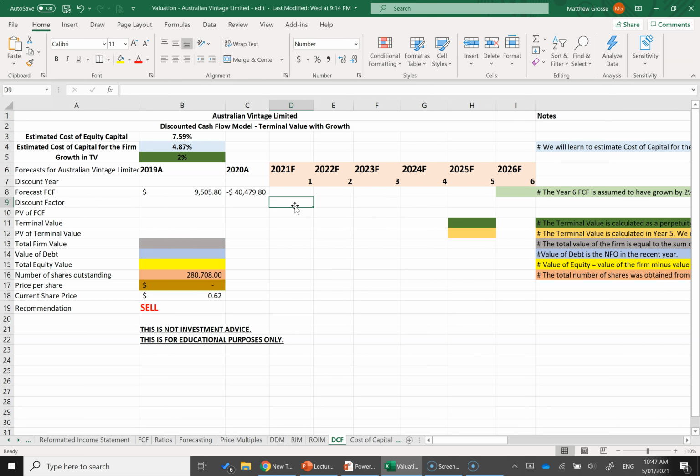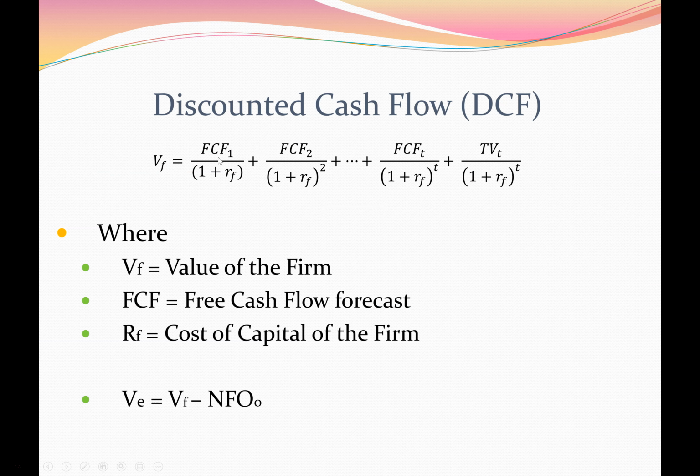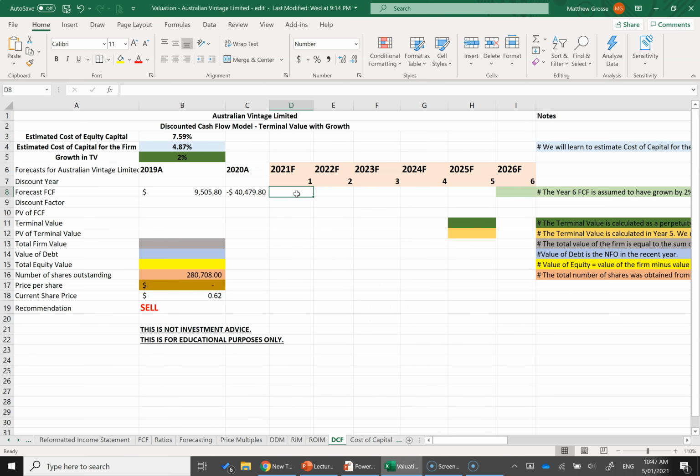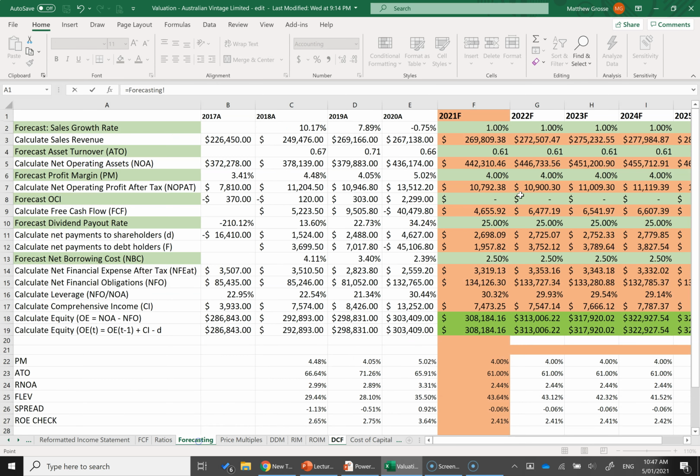So here I've got my template for the discounted cash flow model for Australian Vintage Limited. And to fulfill this formula, I need to have the free cash flow forecast in year 1, 2, etc. And I need to have the cost of firm capital. So I'm going to get my free cash flow forecast from my forecasting template. In 2021, I have forecast the free cash flow to be this.